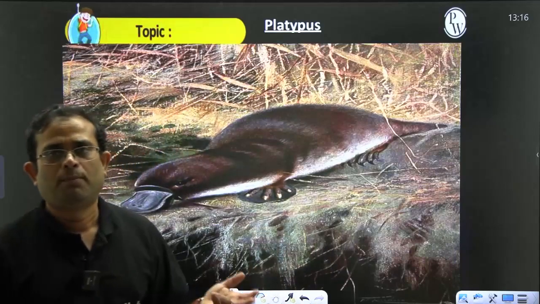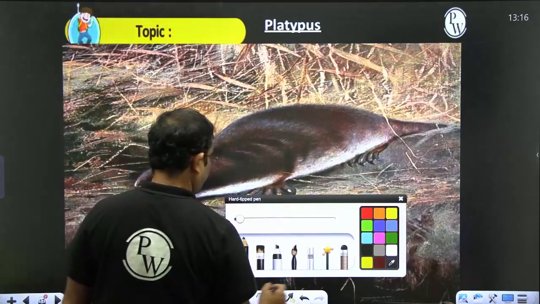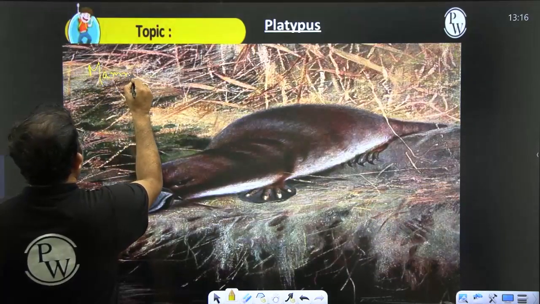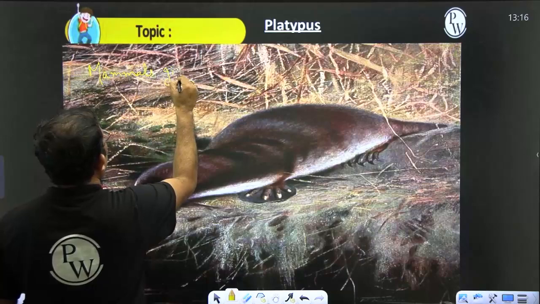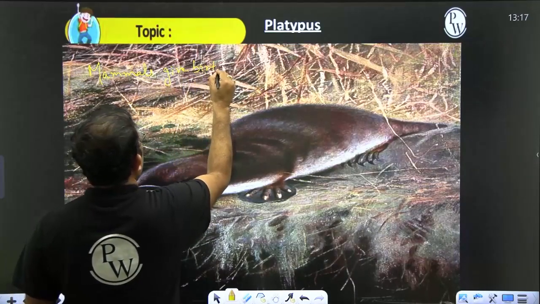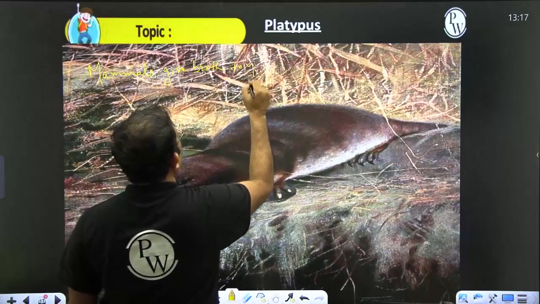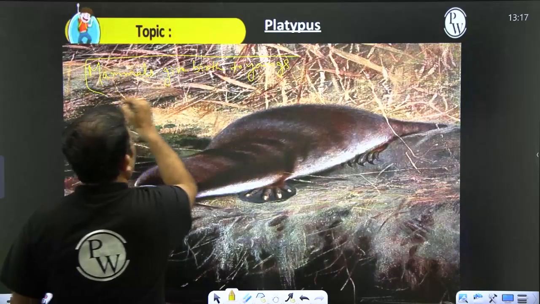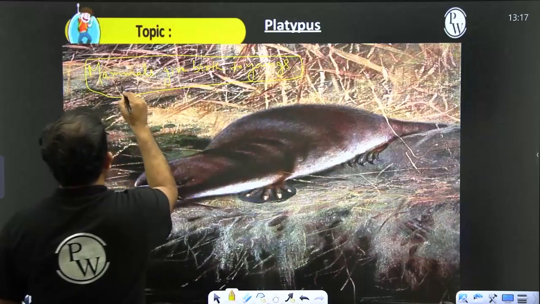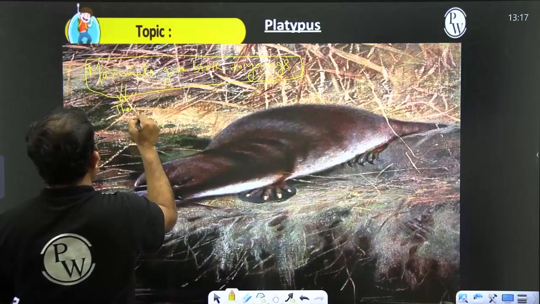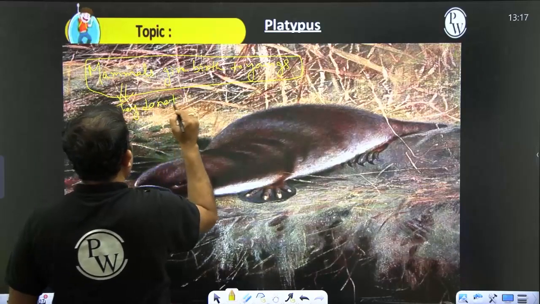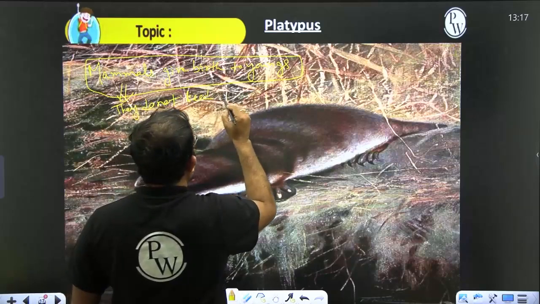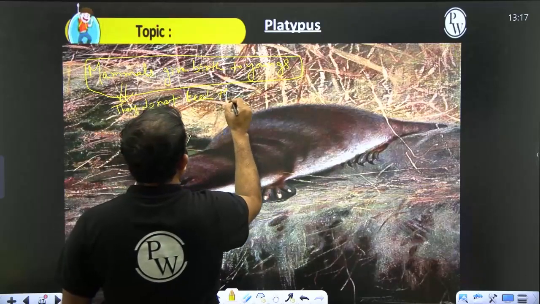Generally what we know is that mammals give birth to their young.